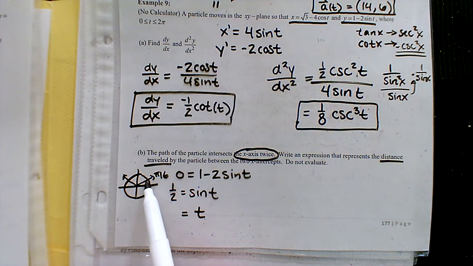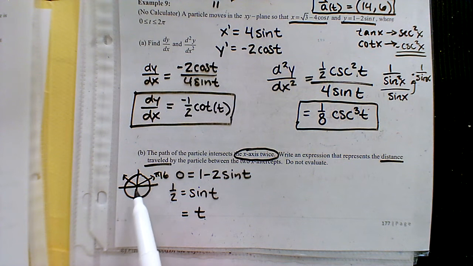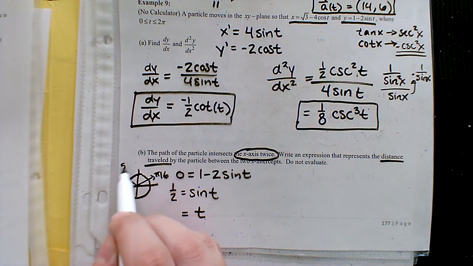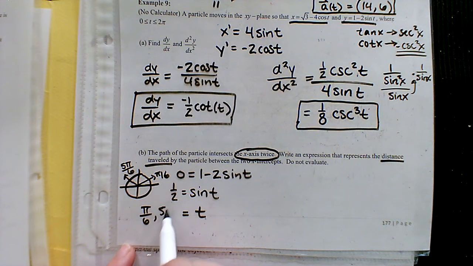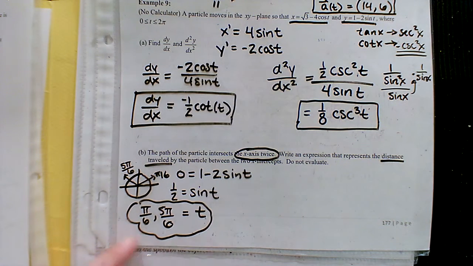Instead of going pi over 6 up on the right axis, we should go pi over 6 up on the left axis. So if you take pi minus pi over 6, that would give you 5 pi over 6. So we have 2 times. So those will come in handy.